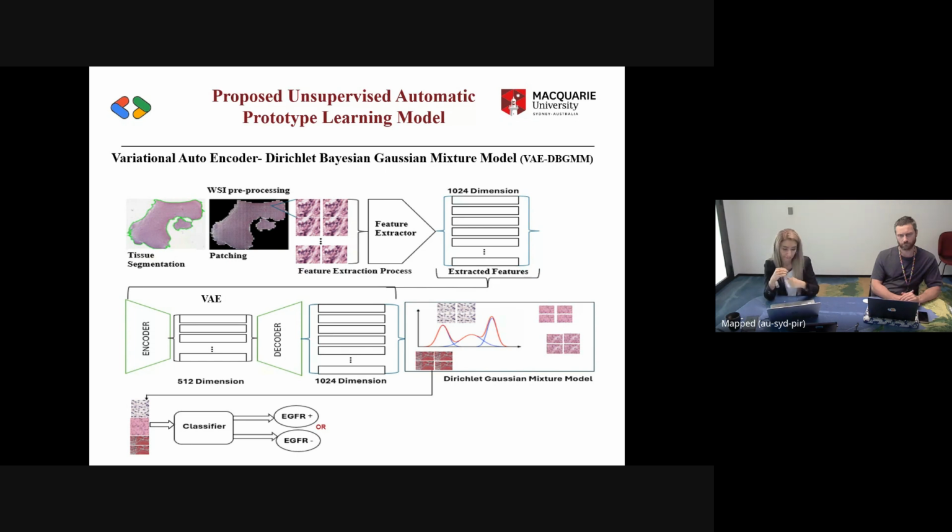At the end, we'll have 512 dimension data, and then we can apply our Dirichlet-Gaussian mixture model.